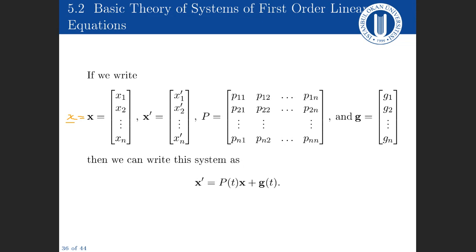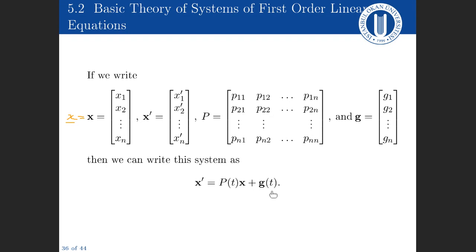The derivative of this vector just means x1 prime, x2 prime, x3 prime, etc. Capital P will be a square matrix, an n by n matrix, where each one of these terms inside the matrix is a function, and G is going to be a vector function.